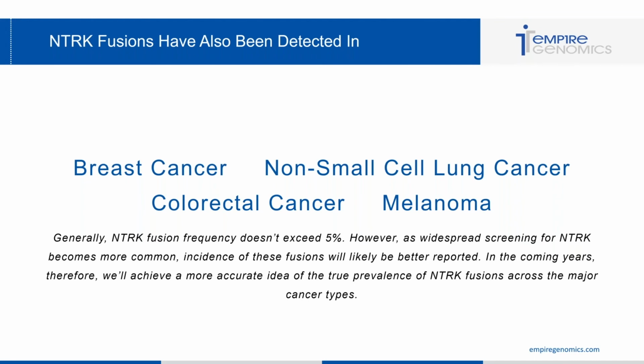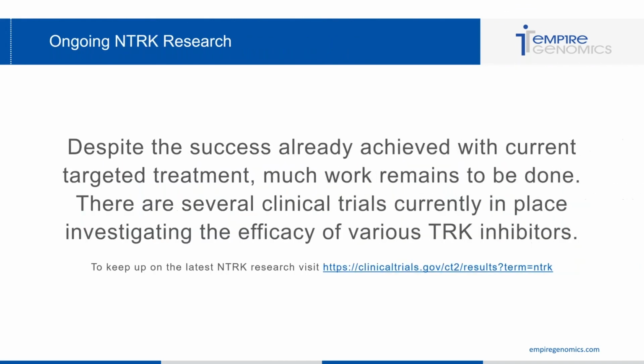So in the coming years, we'll achieve a more accurate idea of the true prevalence of NTRK fusions across these major cancer types. Studies have already supported that NTRK fusions are prevalent in a variety of conditions and cancers, but the door is really open to continue researching these genes and better understand their prevalence in certain cancers.